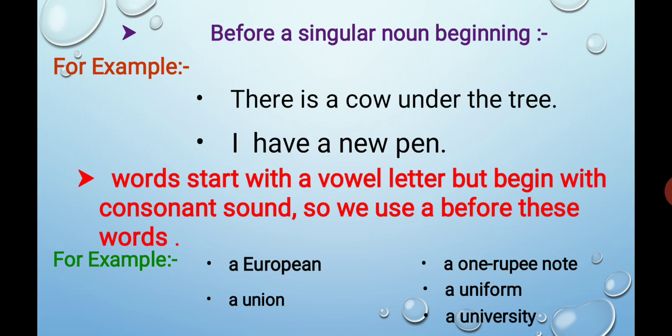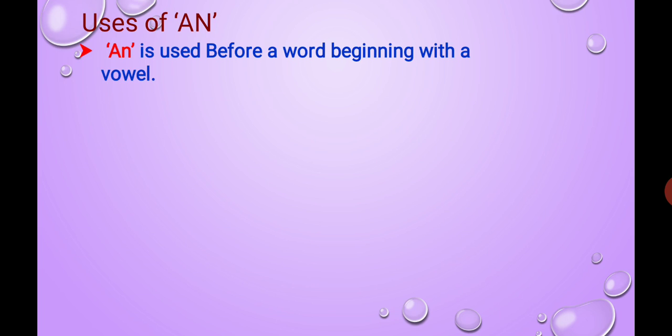And now we are moving on to the other indefinite article, and which is it? Yes, an. Let's see the uses of article an. There are two rules for where to use article an. The first rule is very basic and very easy to learn. I think you learnt this rule in your previous standard.